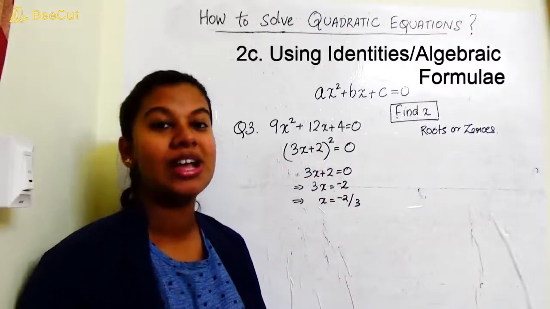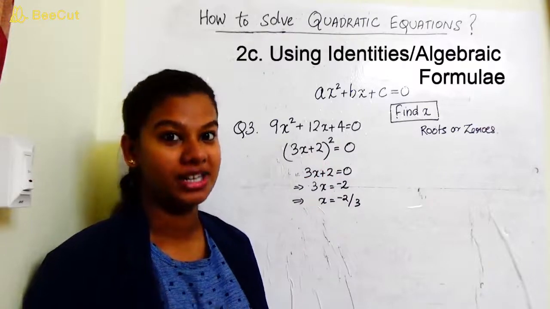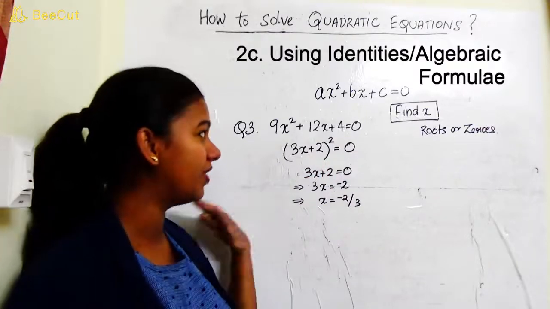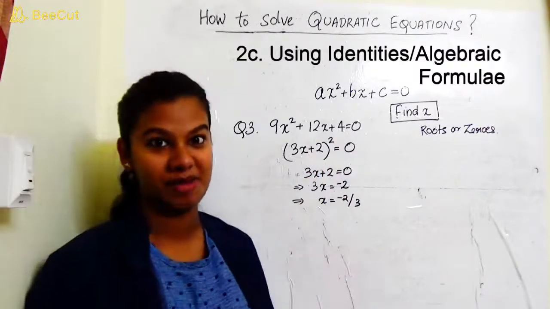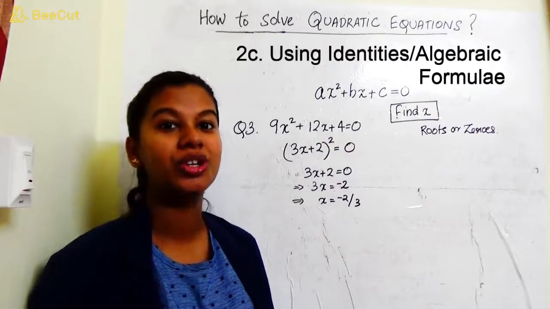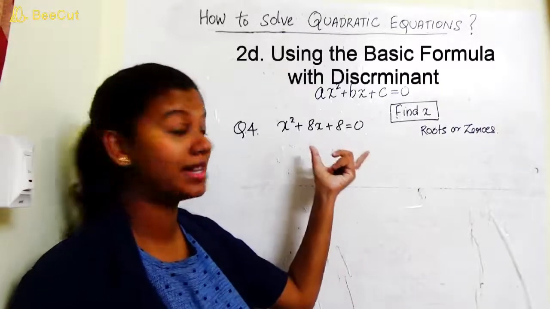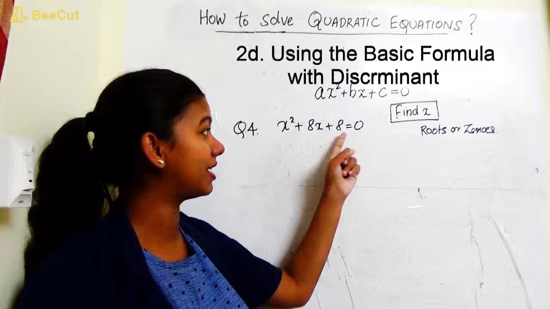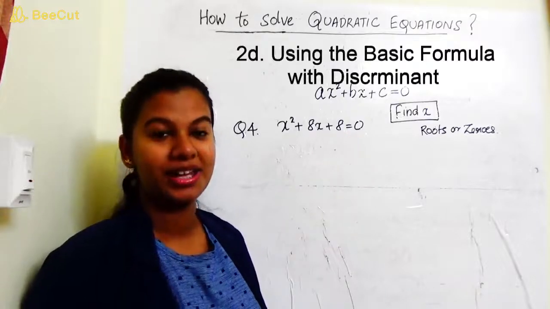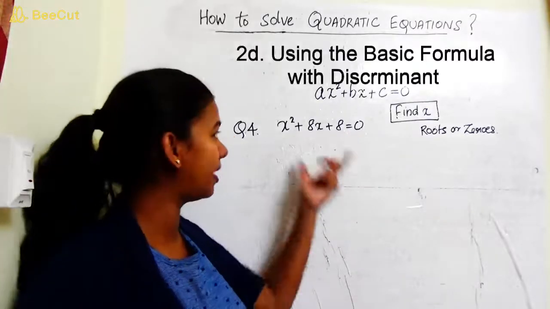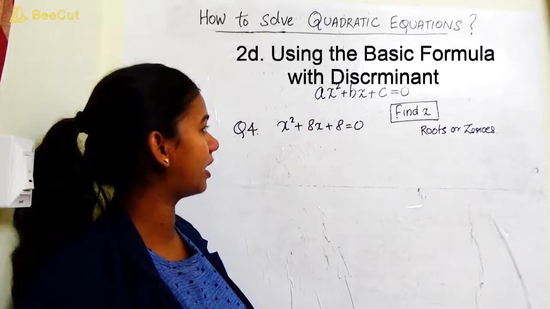Okay, now let's see a quadratic equation in which we can't use this factorization method. So what can we do to solve that? The fourth example is x square plus 8x plus 8 equal to 0. Now we can try grouping. No, we can't try grouping.